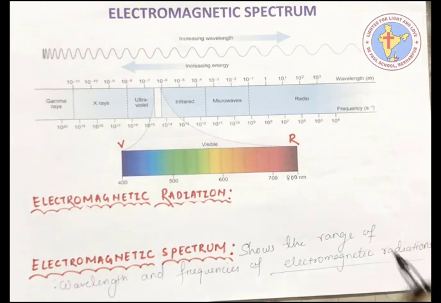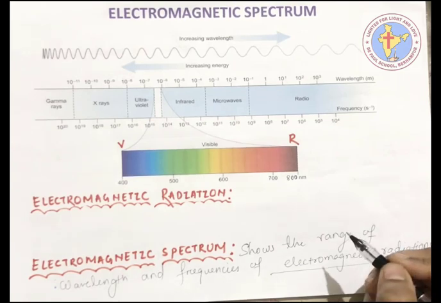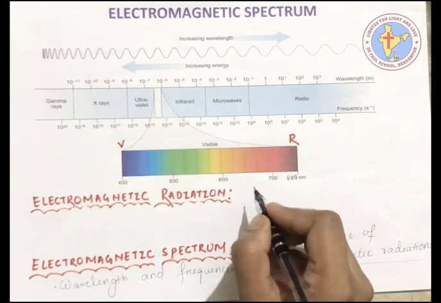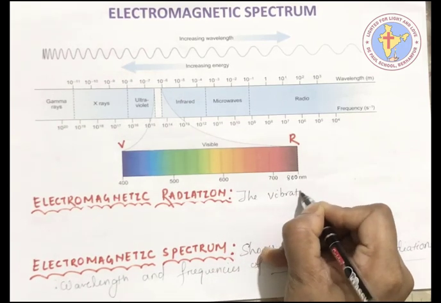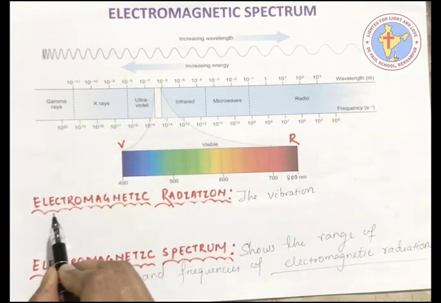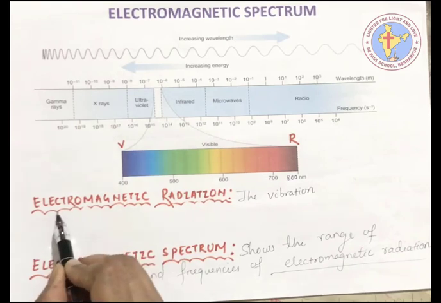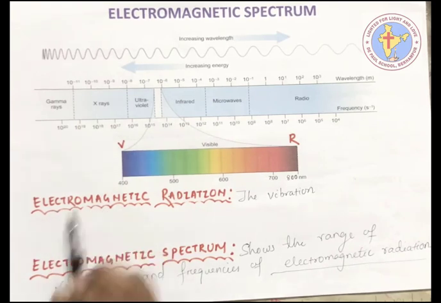But what do you mean by electromagnetic radiation? Electromagnetic radiation is nothing but the vibration produced, because you know very well that in electromagnetic we are having electric and magnetic field, as I told you earlier.